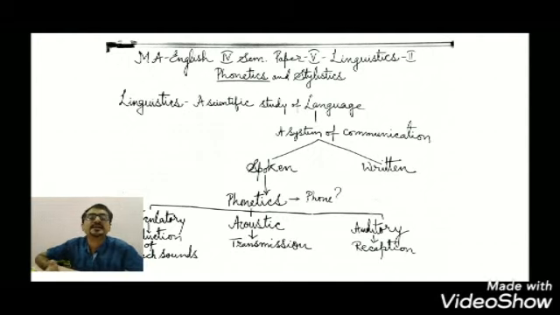So there are 2 mediums of communication: spoken communication and written communication. We can also say that the written communication, whatever we write, is actually a manifestation of whatever we speak. So the bottom line is the spoken part of language is more important, primary, and more used than the written.